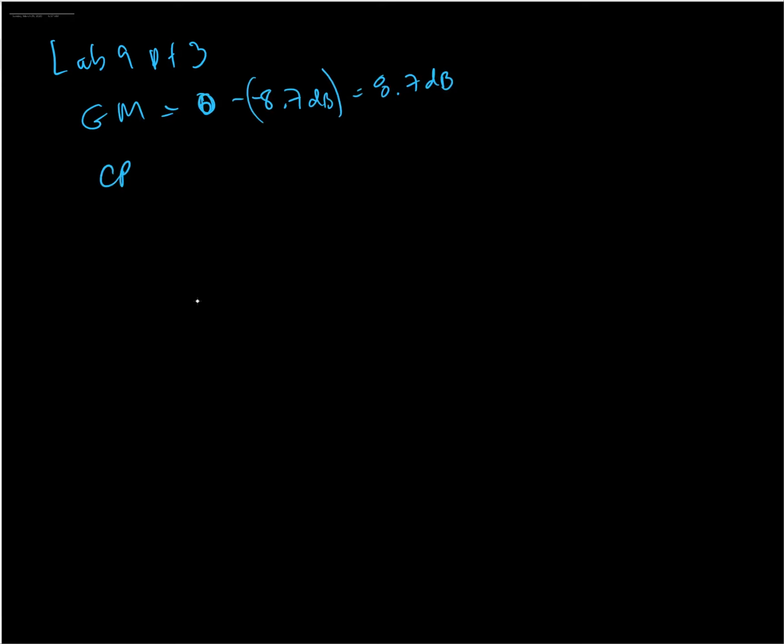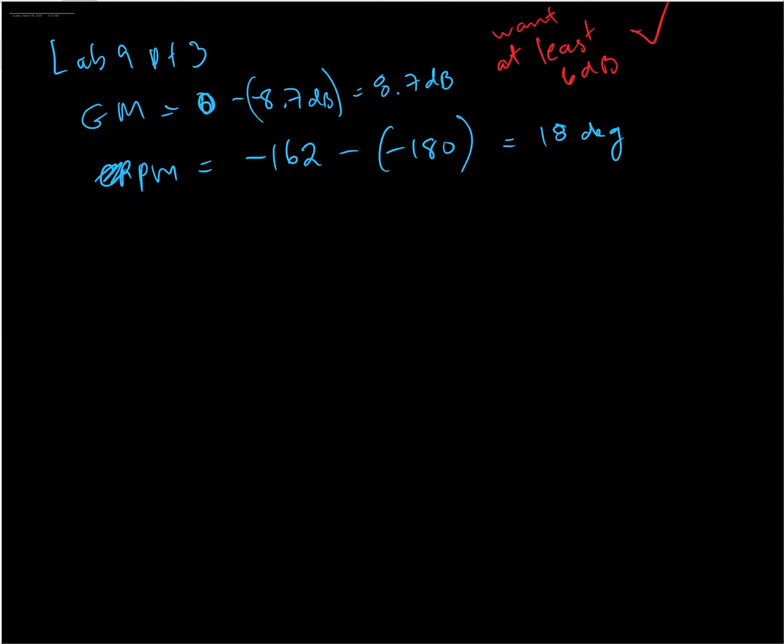And then we have a phase margin of minus 162 minus minus 180, which gives us 18 degrees. And so we want at least 6 dB, so this is good. And here we want at least 40 degrees. So we know that that's not enough, right?